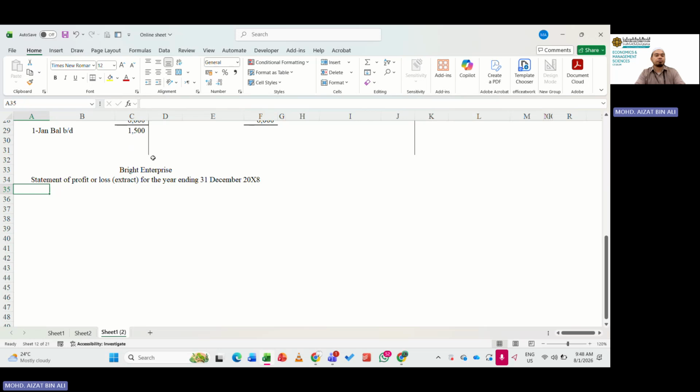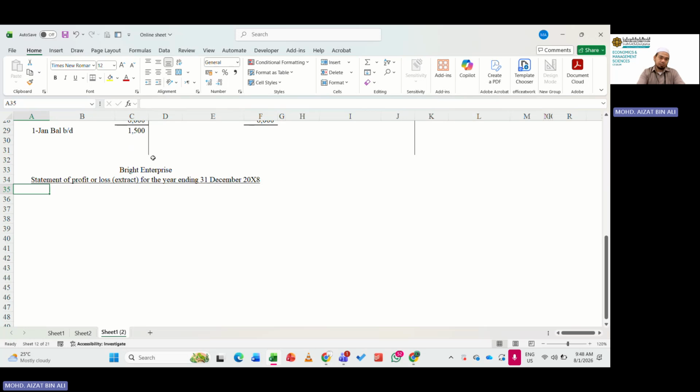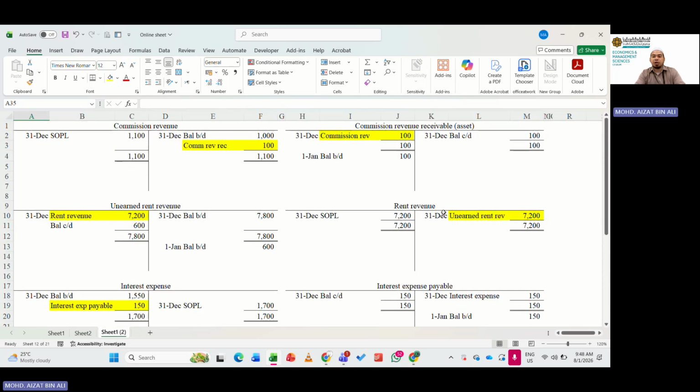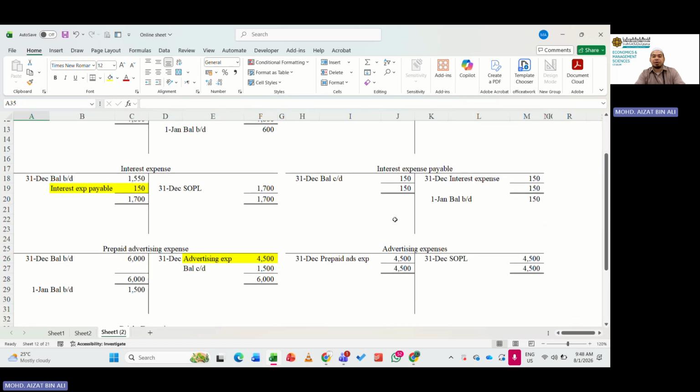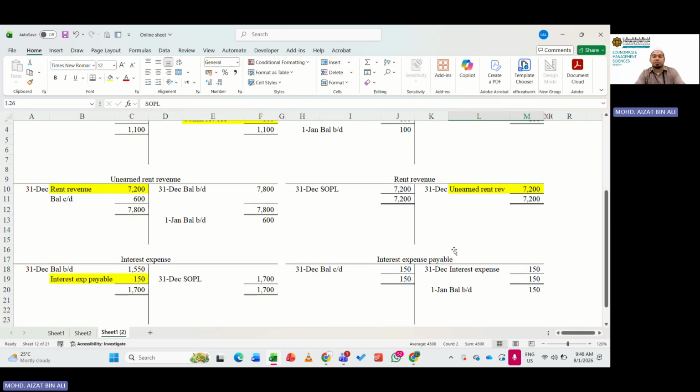Okay, sorry. Now let's look at our accounts. We have revenue account, 7,200 ringgit, and we have advertising expenses, 4,500 ringgit. We only take the accounts, the entries with SOPL name.